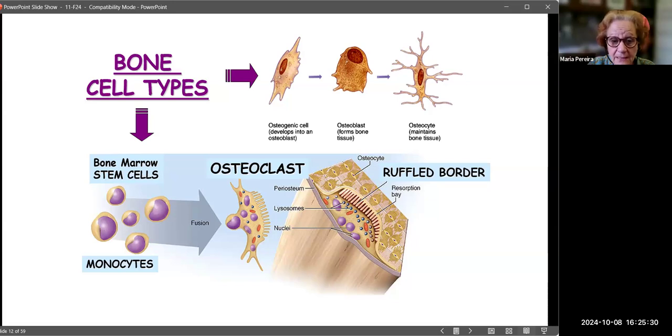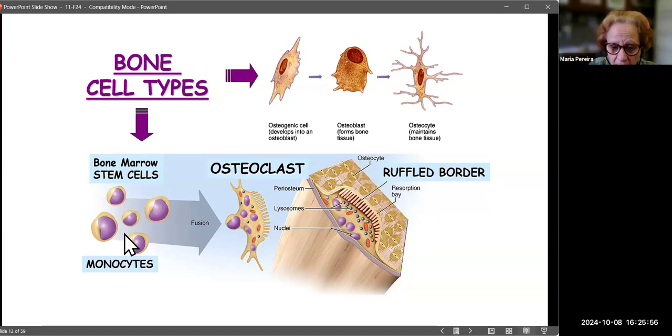So that's why exercise can make the bone more dense, because the osteogenic cells become more active, they make more osteoblasts, and the osteoblasts deposit more calcium, and therefore the bones become healthier and more dense. Now, the osteocytes, their main function is to maintain the bone tissue.